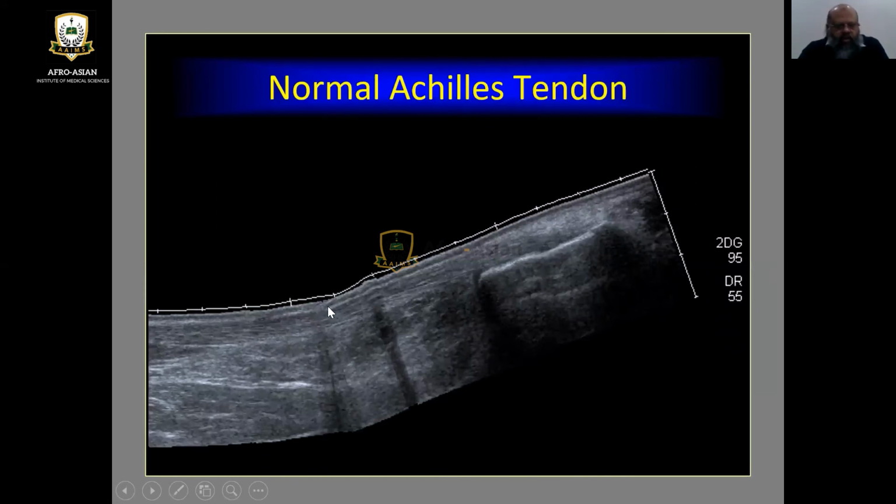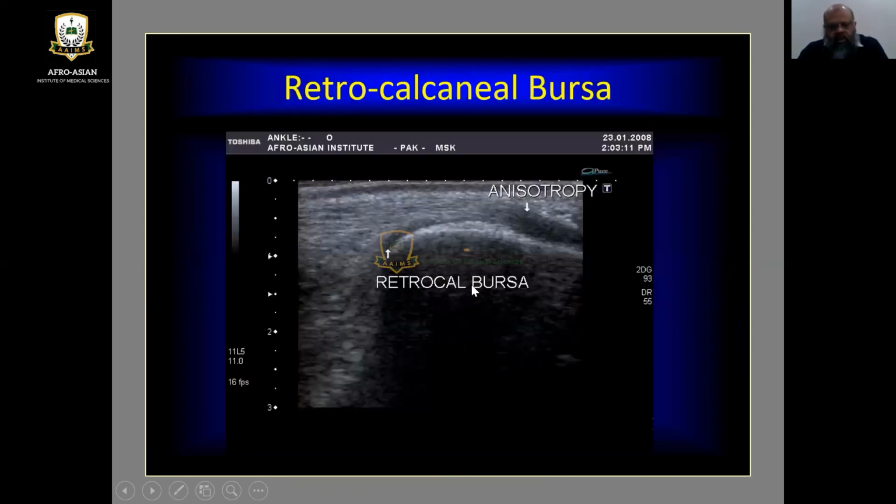So on panoramic view, you can see it, and then is the muscle, soleus and 2 gastrocnemius, and the tendon is called Achilles tendon. This is the area of the retrocalcaneal bursa, and sometimes we can have anisotropy.